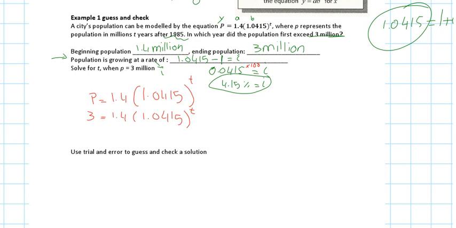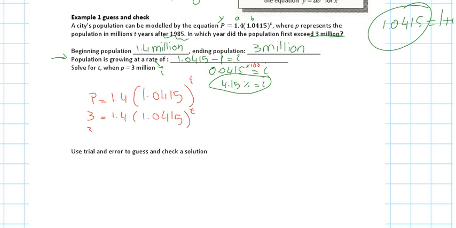It's a multiplication here, so that becomes 3 divided by 1.4, and that's equal to 1.0415 to the power of t, yeah? So that gives you 2.1426. I wrote it with many decimal places.